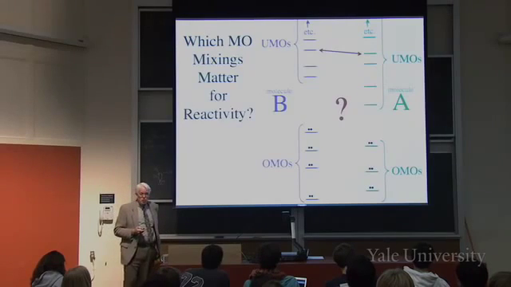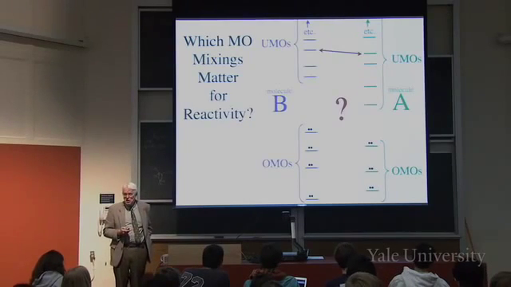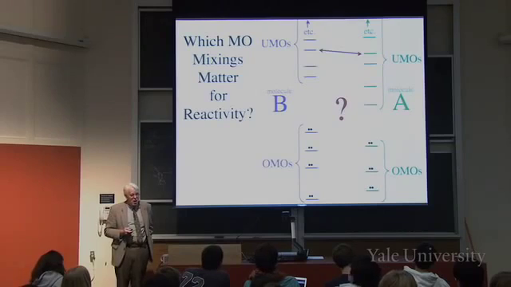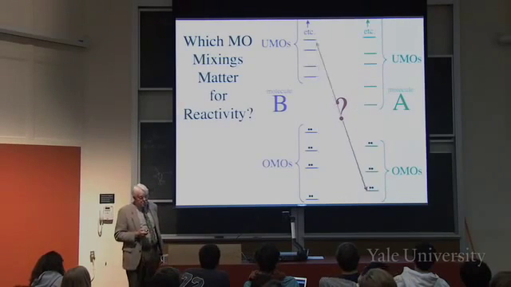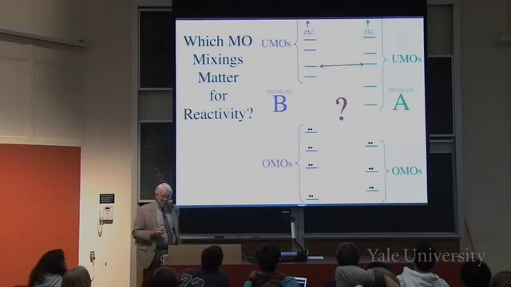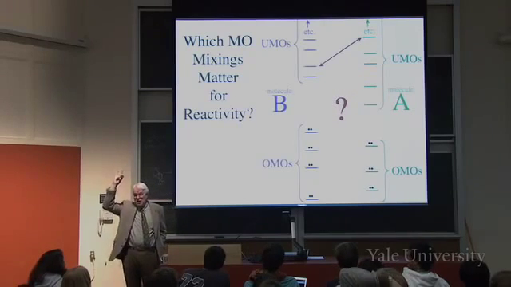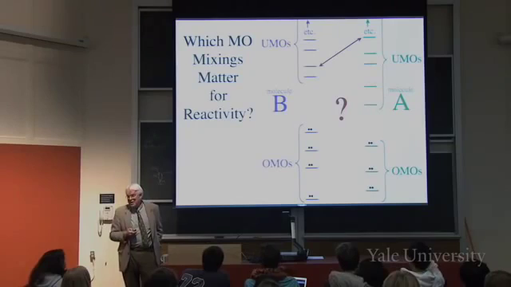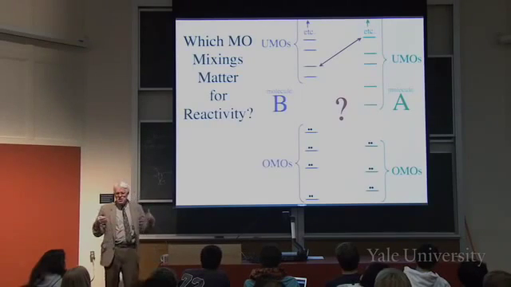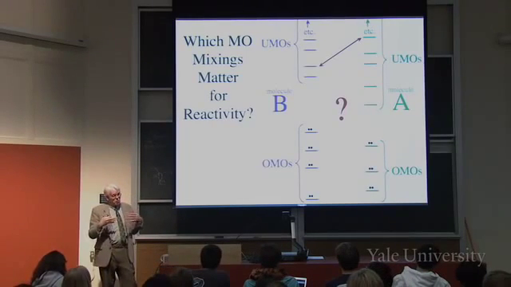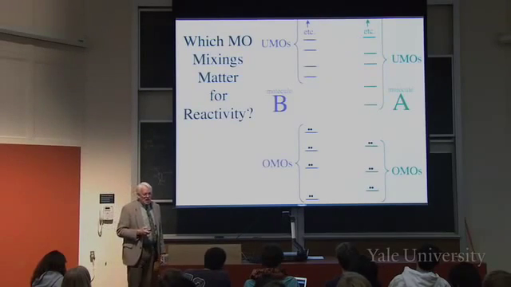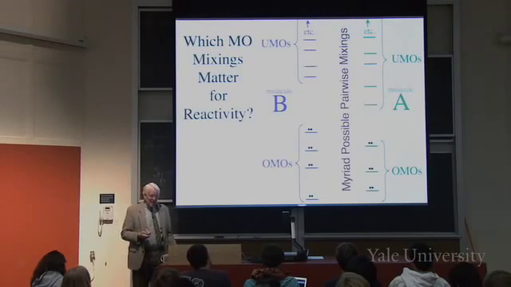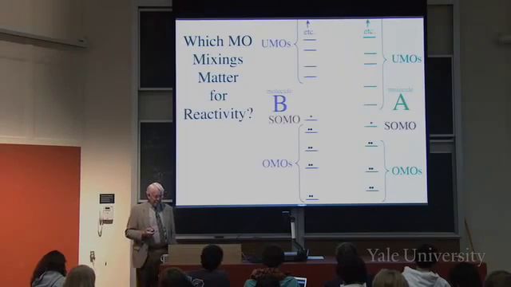We might look at those two interacting, for example, or we could mix those two, or those two, and it goes up infinitely. So this is a problem. Even if we understand how orbitals interact with one another, we're going to have to narrow our focus if we want to deal with this. So there are myriad possible pairwise mixings.